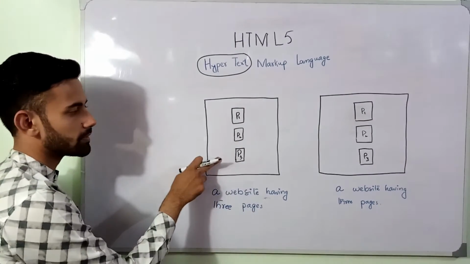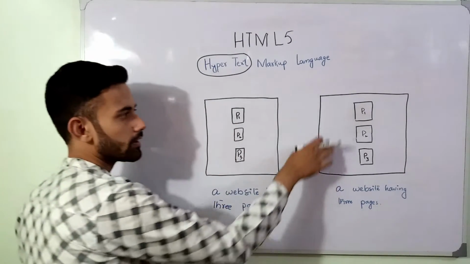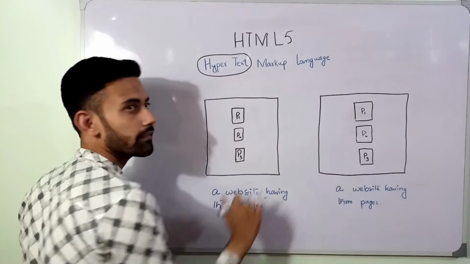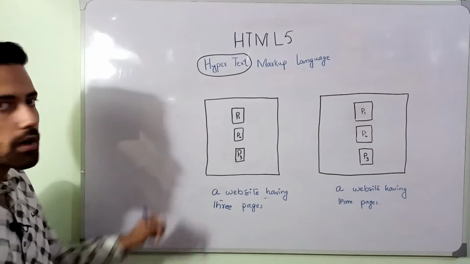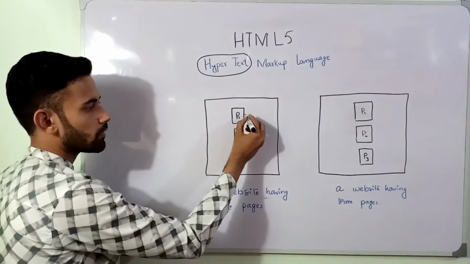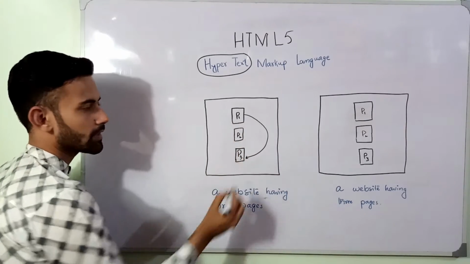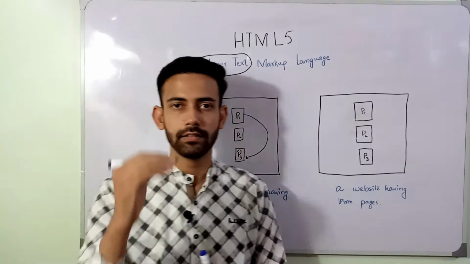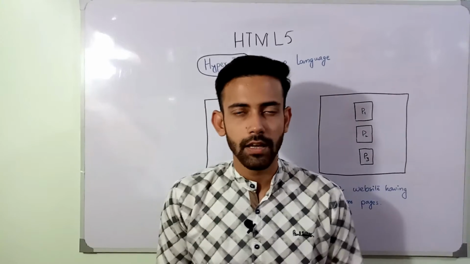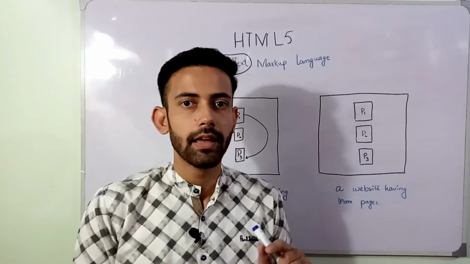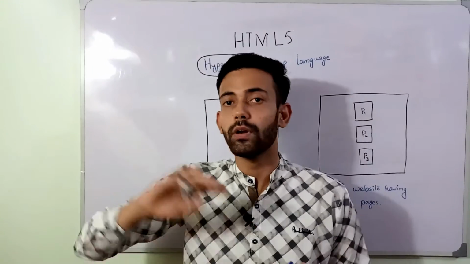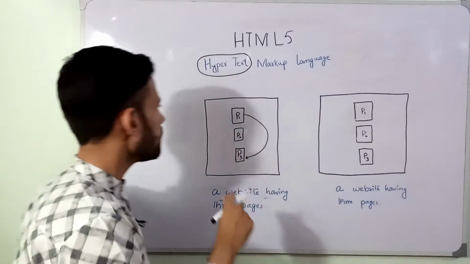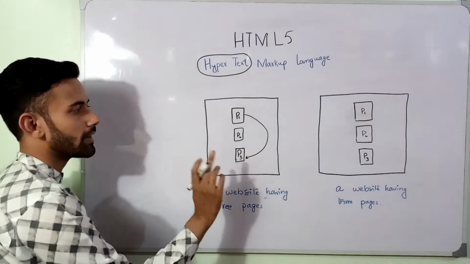Here I have a website having 3 pages and here we have one another website having 3 pages. I want to move from page number 1 to page number 3. That is, I am currently reading some page of some website, and on that page I get a link to go to another web page. Like I get a link to go to page number 3.